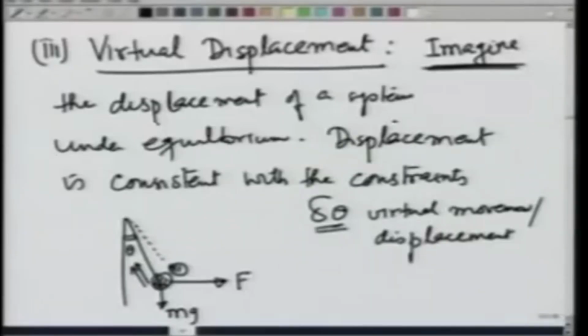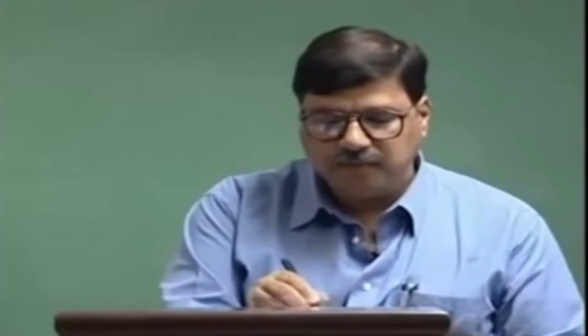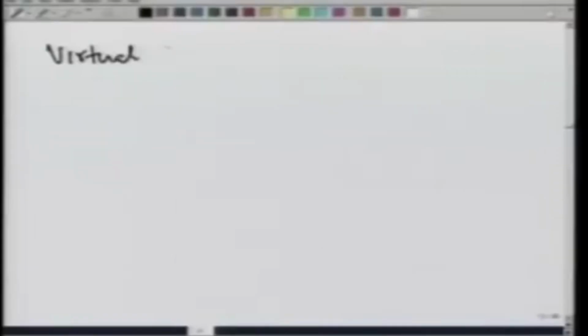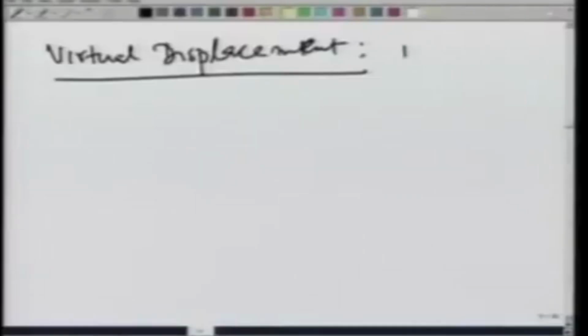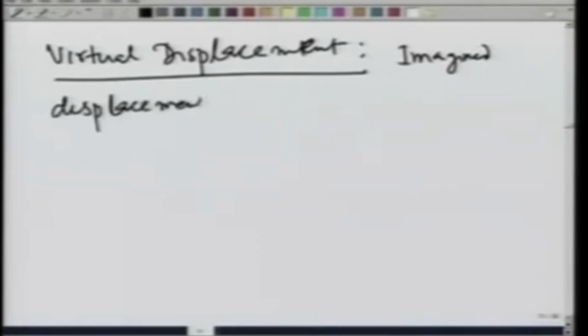So, virtual displacement is again an imagined displacement of a system consistent with the constraints.